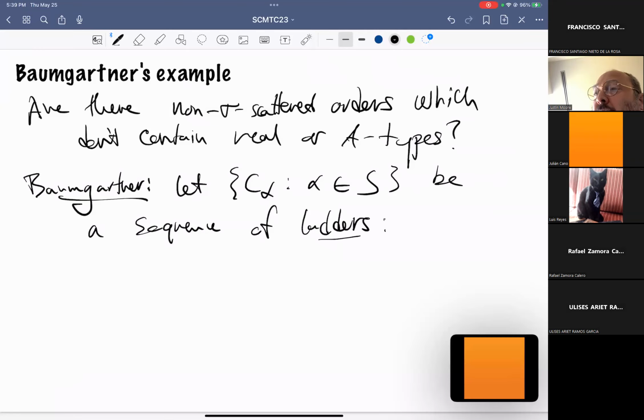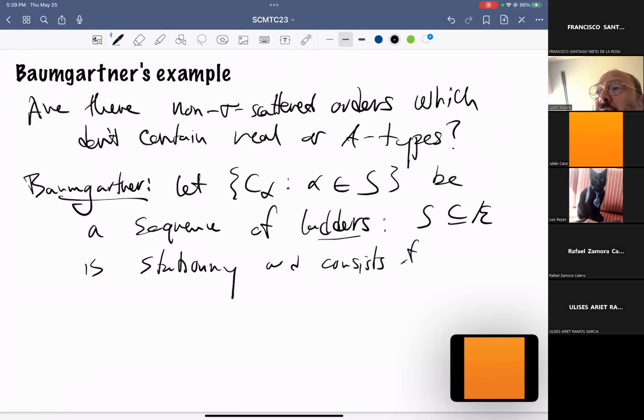So S, a subset of some cardinal, is stationary and consists of ordinals of countable cofinality.